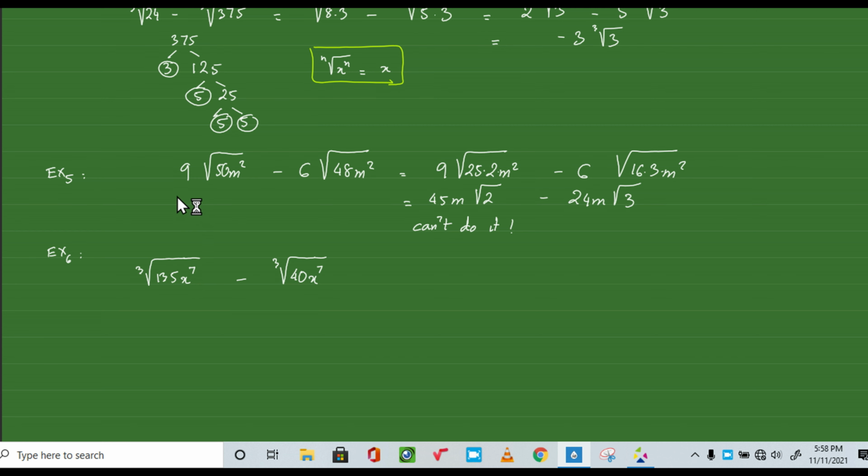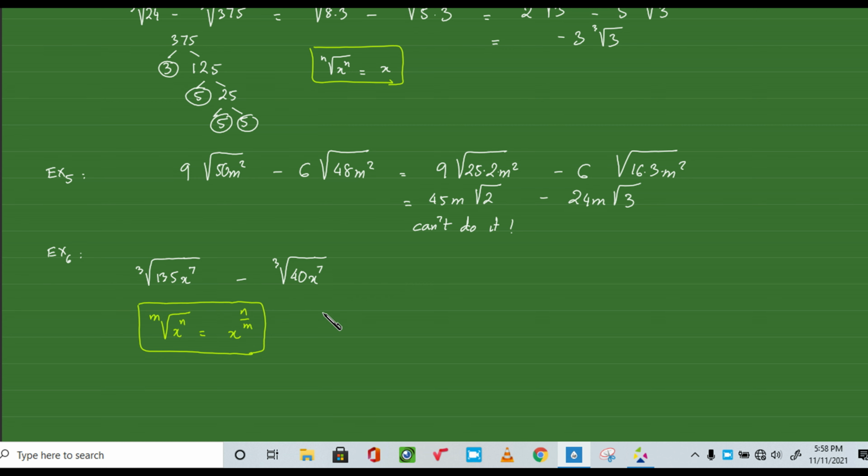Or you can use this formula: if you have the m root of x to the n, it just gives you x to the n over m. I think I mentioned this formula last time too. But in order to use this one, m must go into n evenly, because if m does not go into n evenly, we will have a rational exponent, a decimal exponent over here, and that's what we don't want.